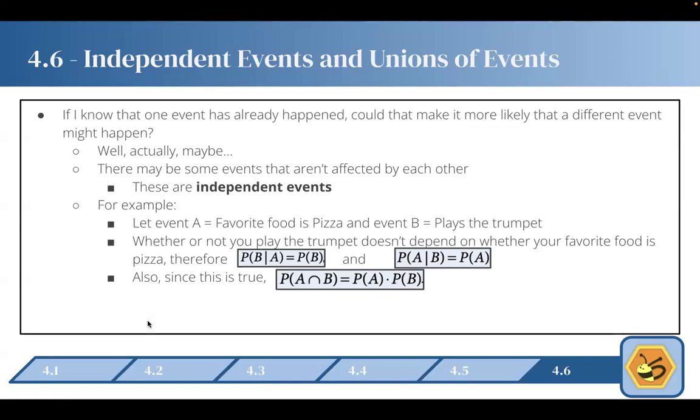So here's the question. The crux is if we have an event that is affecting another event, then that would mean that they're not independent. Let's think about what a disjoint event means.